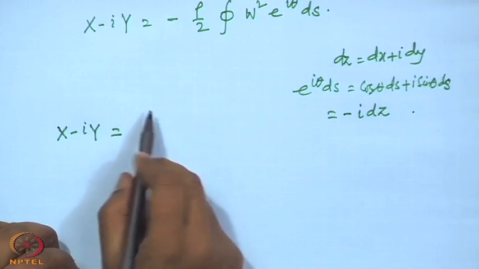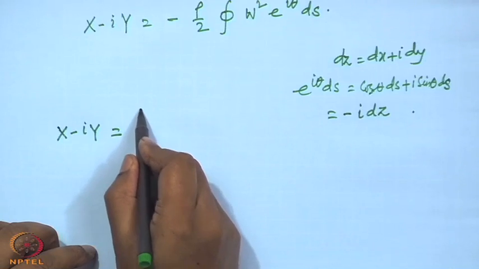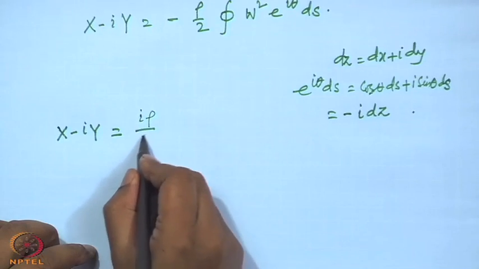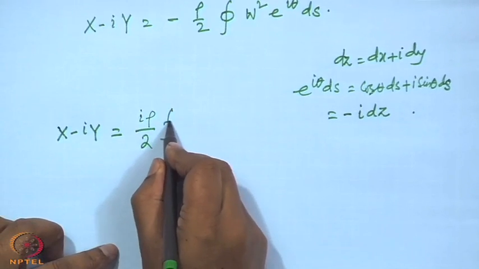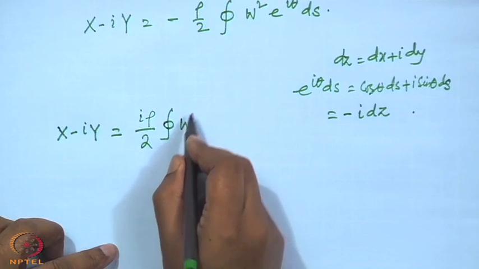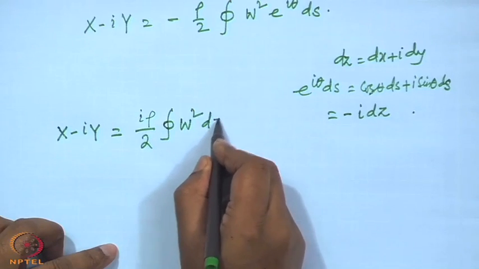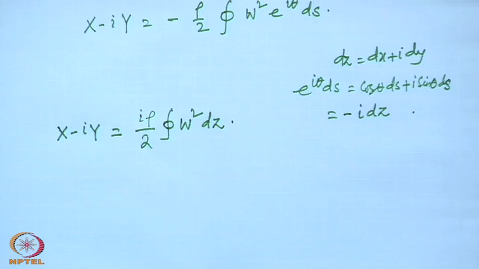So it is ultimately coming as i rho by 2 w square dz.